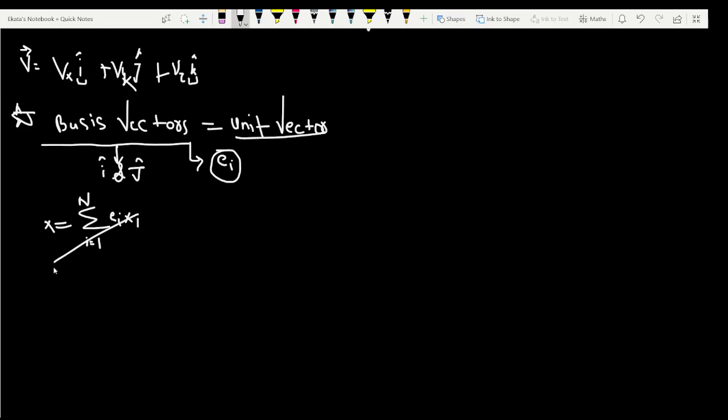Our vector will be e1 x1, plus e2 x2, plus e3 x3, and so on till 5. So this is a 5-dimensional vector space. It's a very useful way to define vectors in n dimensions.